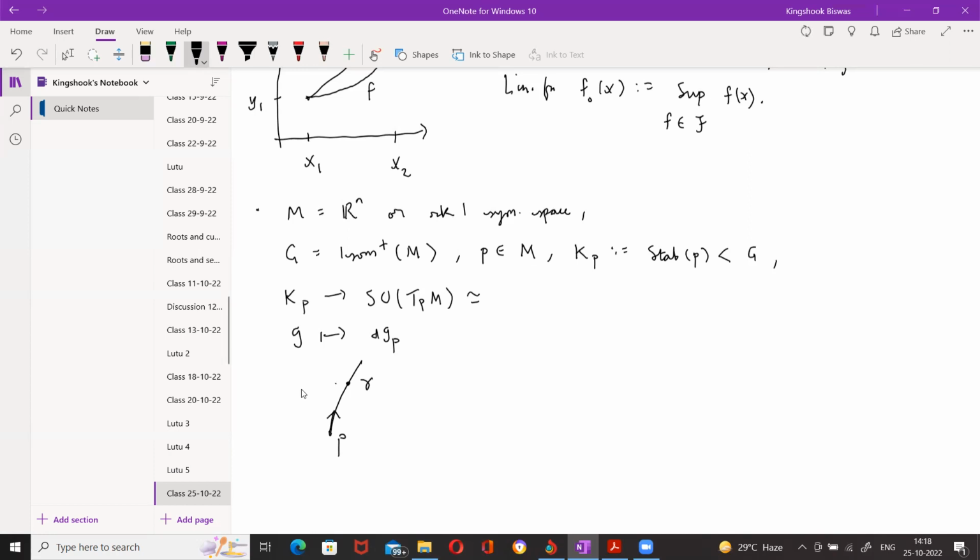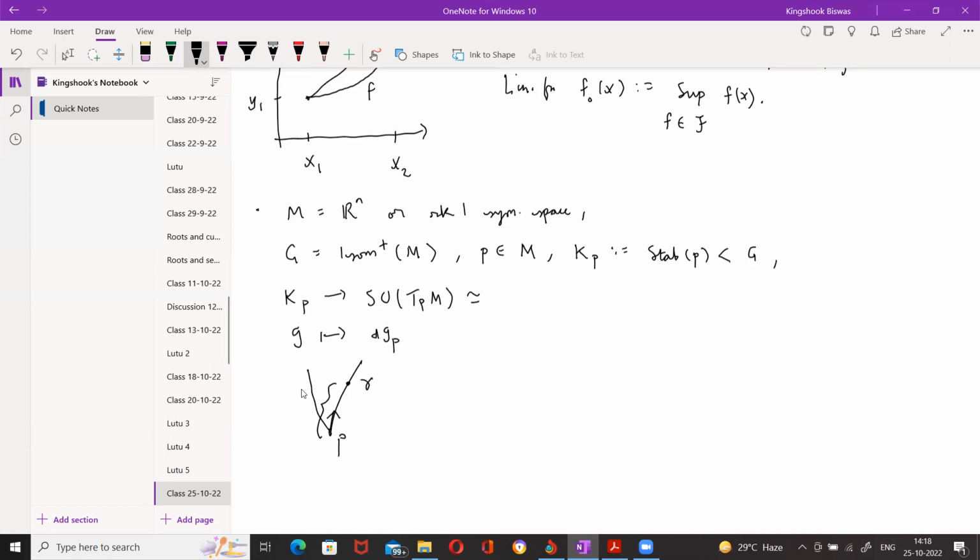So this geodesic will be fixed. Since the manifold is complete, the map will be the identity, as all these geodesics are fixed pointwise.